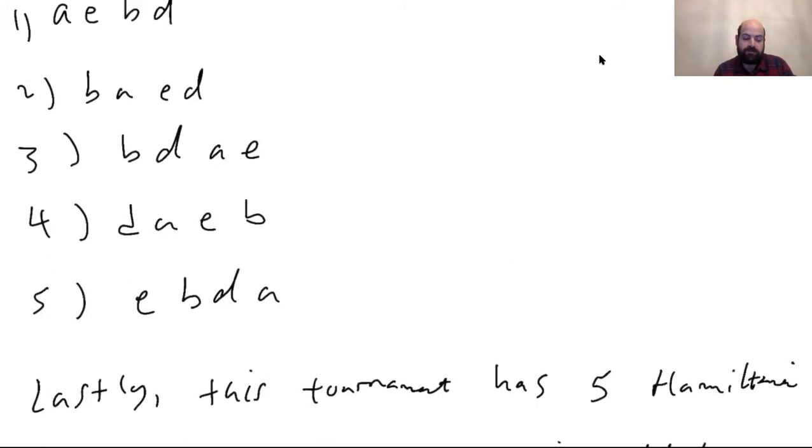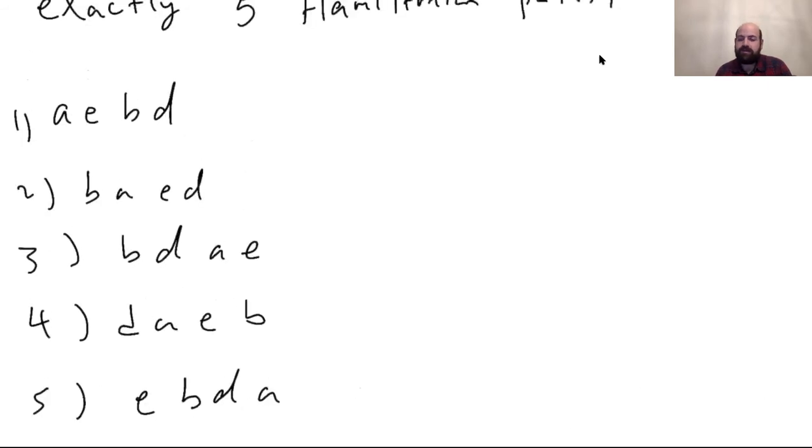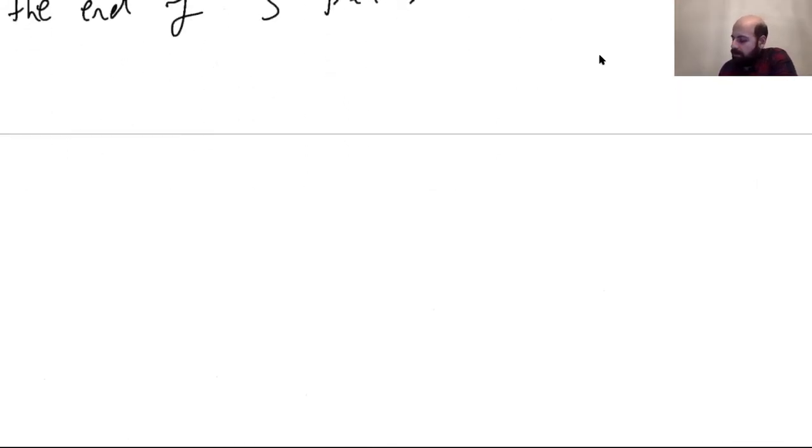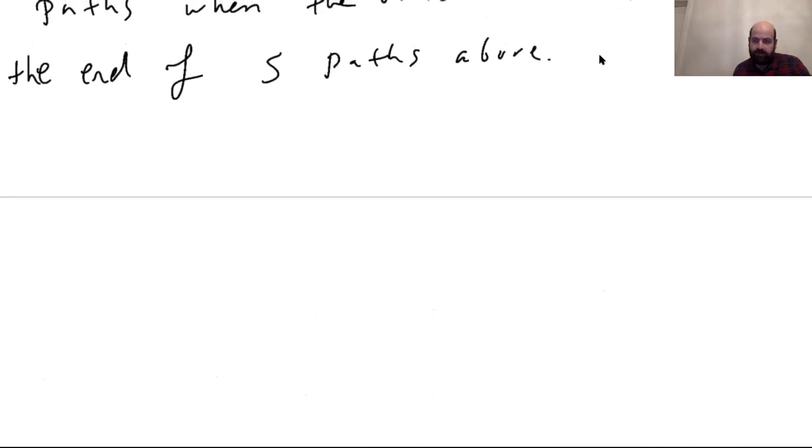So instead of, for example, AEBD, we should say AEBDC, and BAEDC, and so on. Okay, so we gave an example of a tournament with 5 vertices, which had 5 Hamiltonian paths.